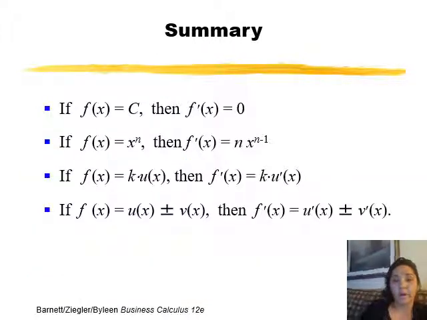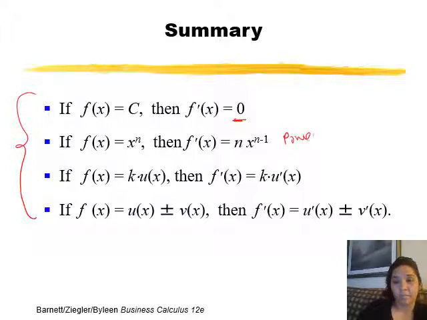Okay, so here are our 4 theorems, and I'm sure we'll run into the velocity problem again. But here are our 4 theorems. The derivative of a constant function is 0. The derivative, this is the power rule. This is the sum and difference rule down here, and this is a constant multiple.